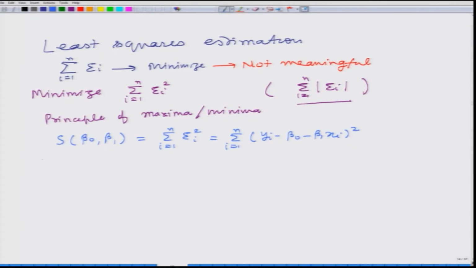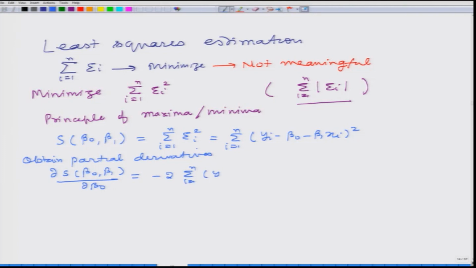If I obtain the partial derivative with respect to beta 0, this will come out to be minus twice the summation i goes from 1 to n of y i minus beta 0 minus beta 1 x i.